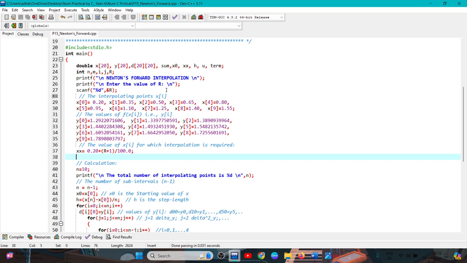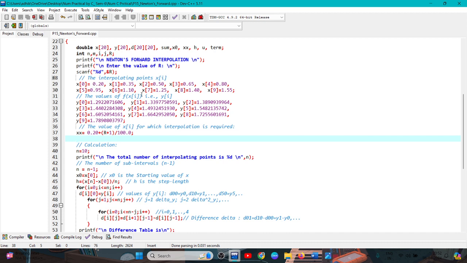So first enter the value of r and scan the value of r, and here we write the values of x0, x1, x2, up to x9, all the interpolating nodes, and these the y0, y1, y2, up to y9, and at the end we put a semicolon.